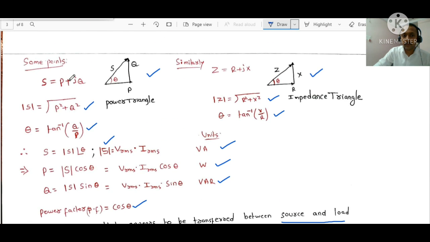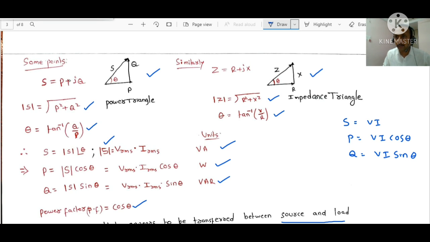Next, S equal to Vi. P equals Vi cos theta. Q equals Vi sin theta.